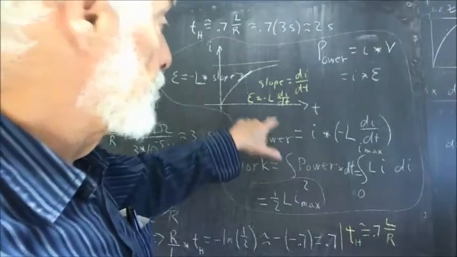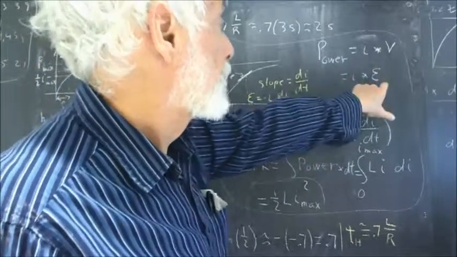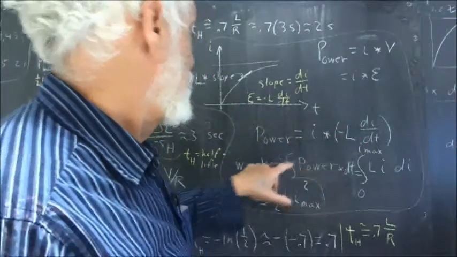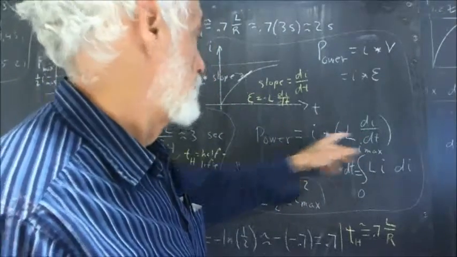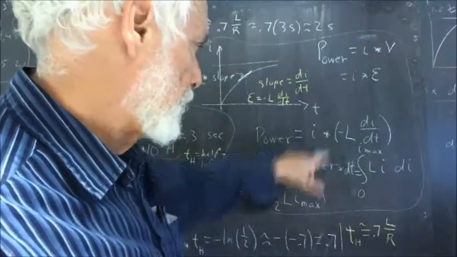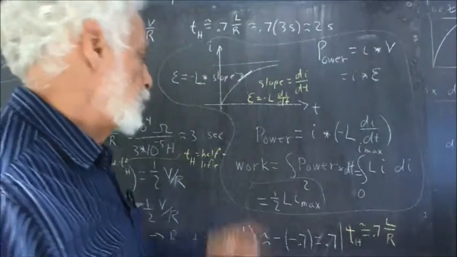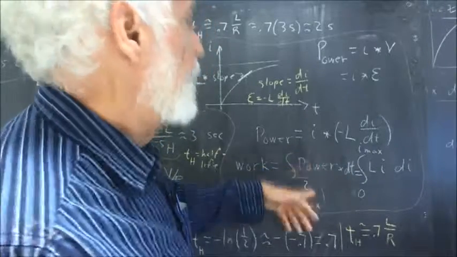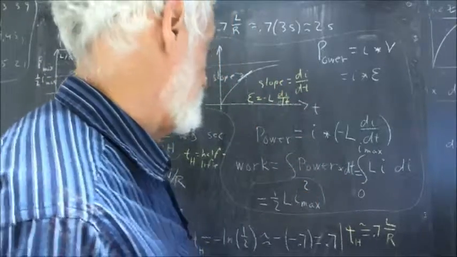So knowing that the power then is I times EMF, EMF being negative L times di dt, we have an obvious expression for the power, and work is going to be the integral of power with respect to time, since power is the time rate at which work is done.